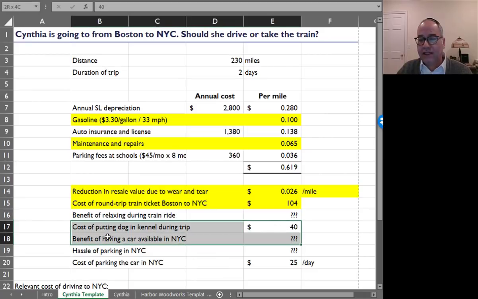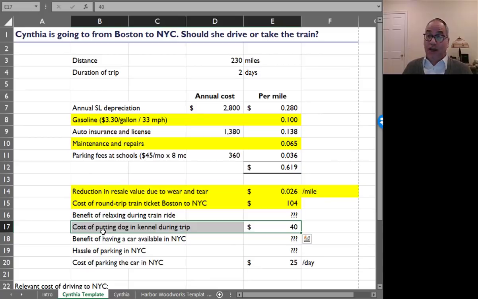Putting the dog in a kennel during the trip is not relevant, because whether I take the train, or I drive, you still have to put the dog in the kennel. Benefit of having the car available in New York City, priceless. No, you don't know how much that is. If you want, you can assign a value to it.